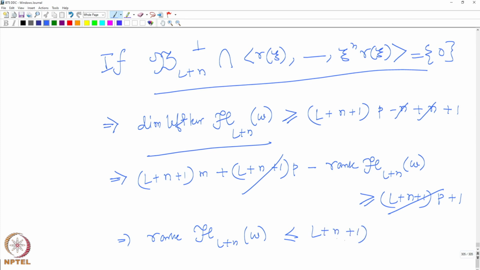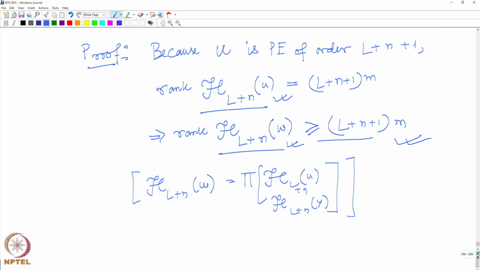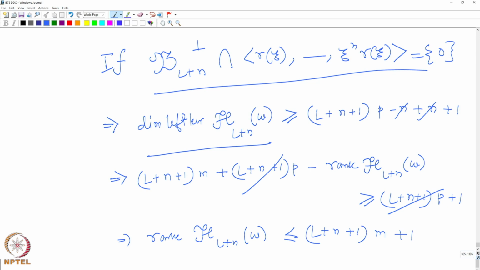And that's a problem, because here I am saying persistently exciting means rank is bigger than or equal to (L+n+1) times m. On the other hand, this would imply that the same number is less than or equal to this.